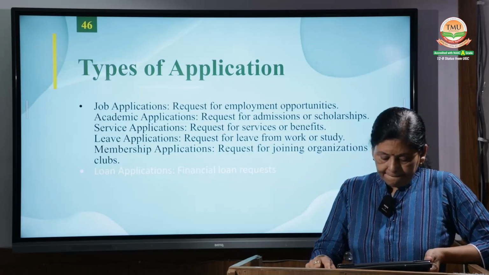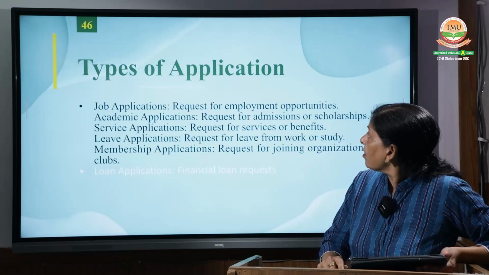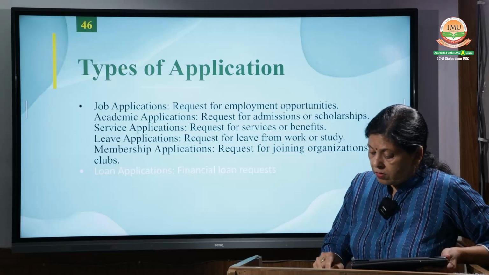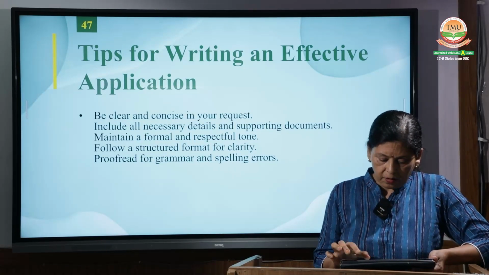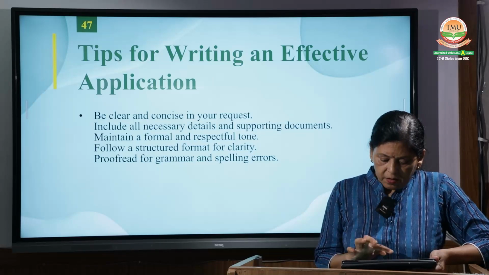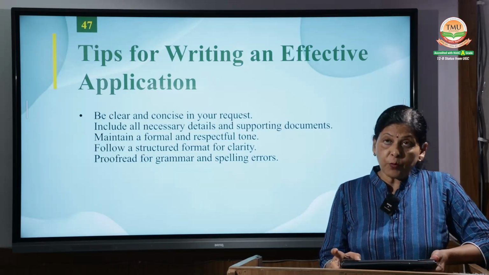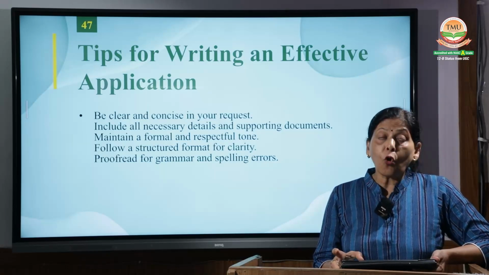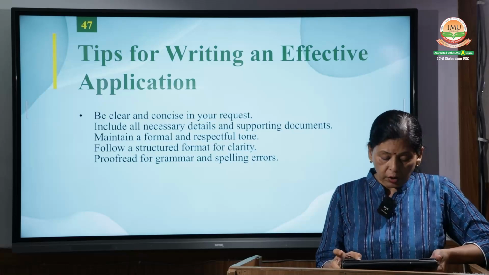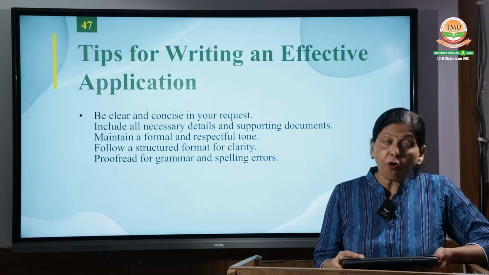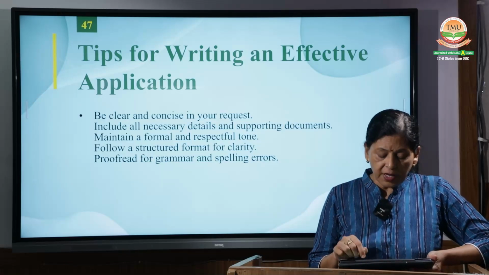So the tips for writing an application are: be clear and concise, include all necessary details, maintain a formal and respectful tone, follow a structured format, and proofread for any kind of grammatical mistakes. That has to be there.